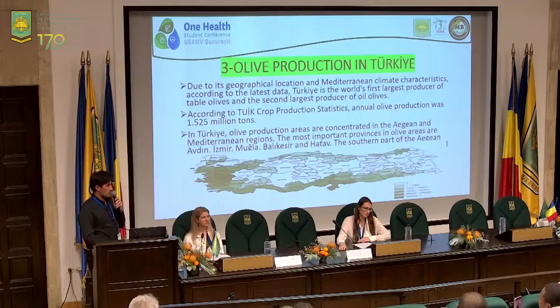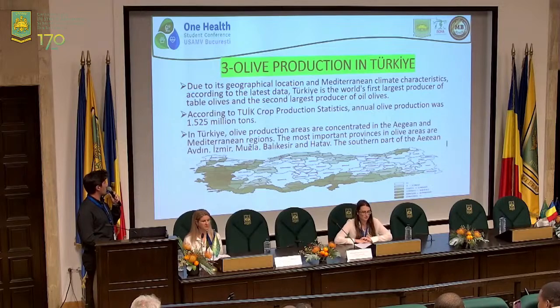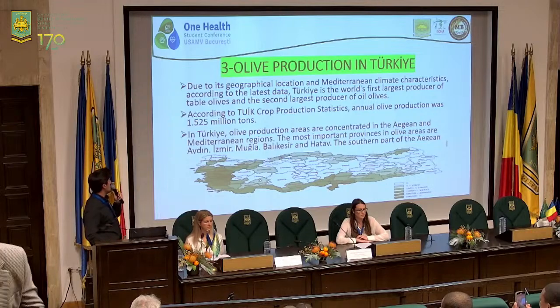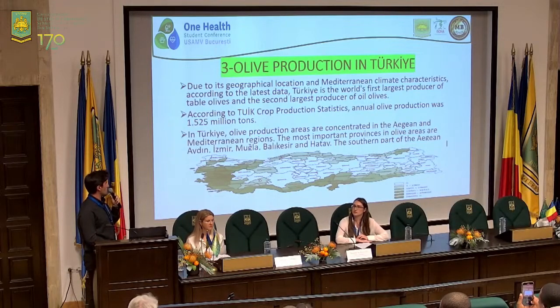Olive production in Turkey, due to its geographical location and Mediterranean climate characteristics. According to the data, Turkey is the world's largest producer of table olives and second largest producer of olives. In Turkey, olive production areas are concentrated in the Aegean and Mediterranean regions.